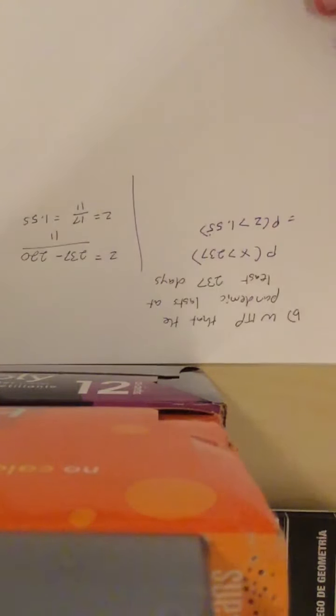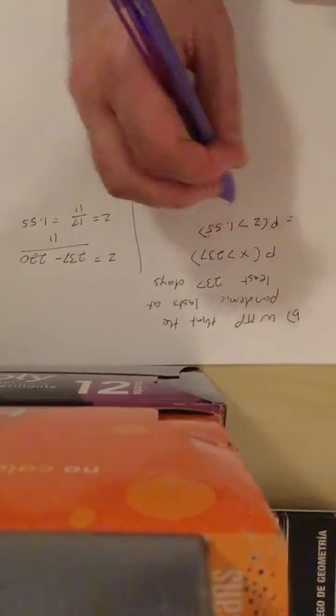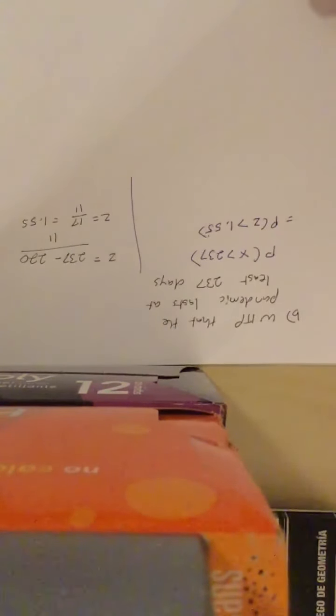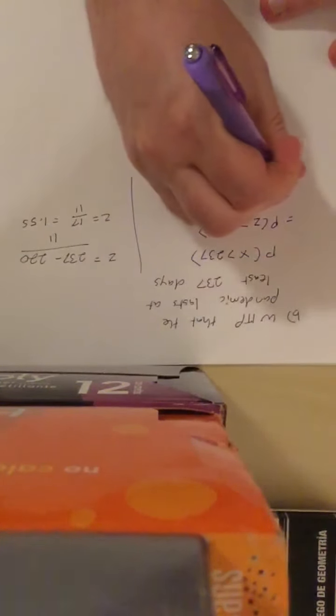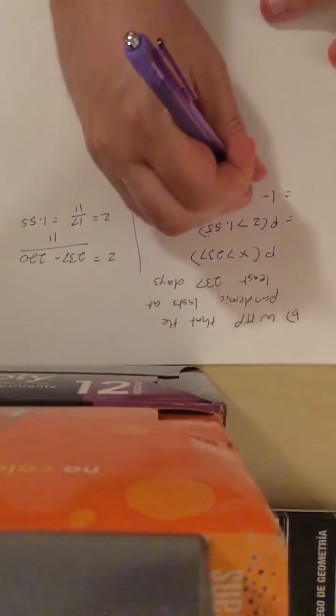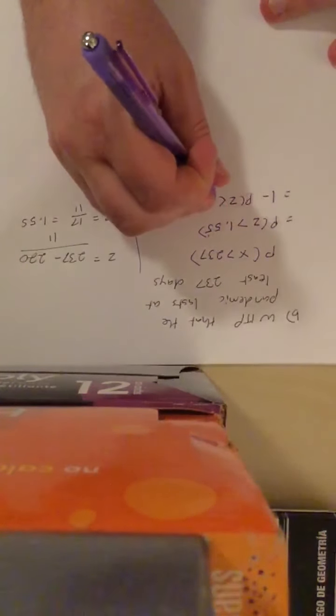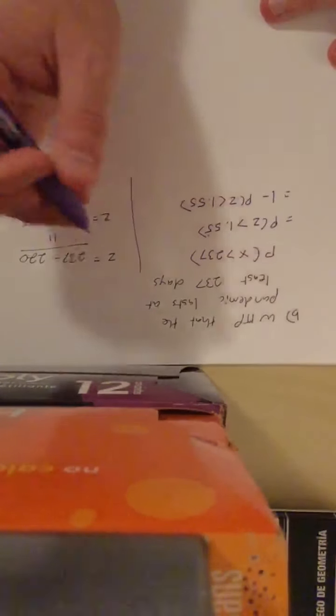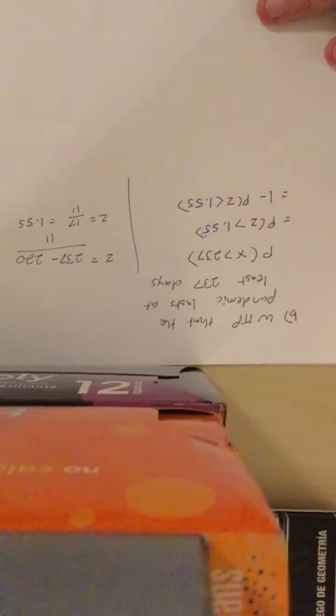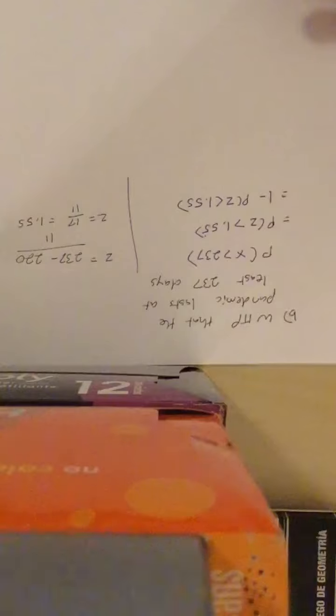Now, as you may or may not recall, the z-score chart only gives you the probability of being less than. So we're going to have to change it to the opposite. So the probability of it being more than that is 1 minus the probability of it being less than 1.55. And so if I look up 1.55, that gets me 0.9394.